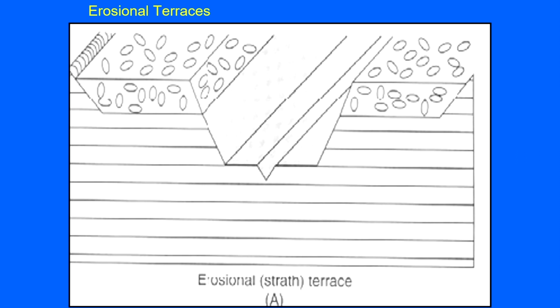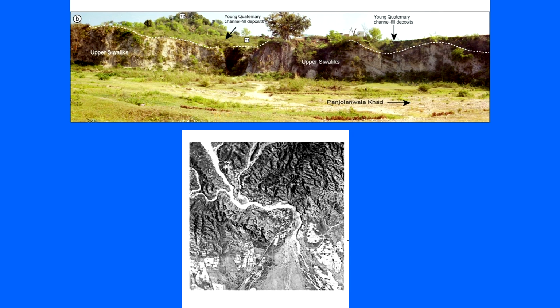So, this we have already discussed, that if you are having the alluvium and the bedrock, then we mark this as an erosional terrace. So, this is an example of the erosional terrace. This is the front area of the Himalayan front, and the photograph which you are looking at on the top is from this area.